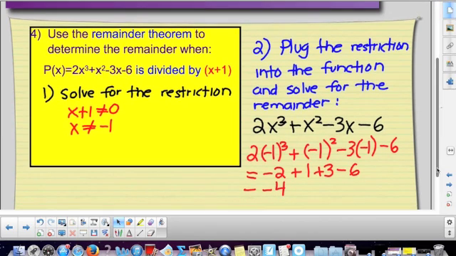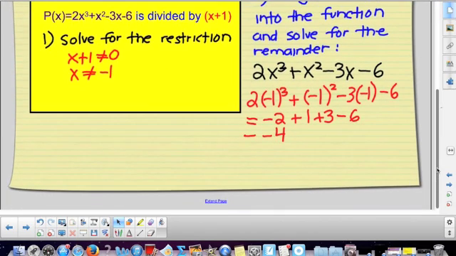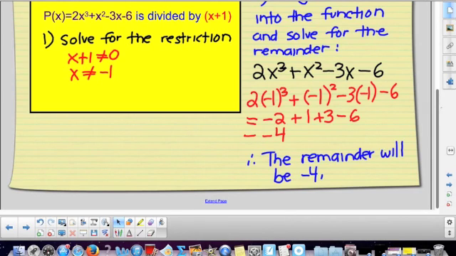So that means if 2x cubed plus x squared minus 3x minus 6 is divided by x plus 1, the remainder will be -4. Otherwise, you will not earn the marks on the test. Okay.